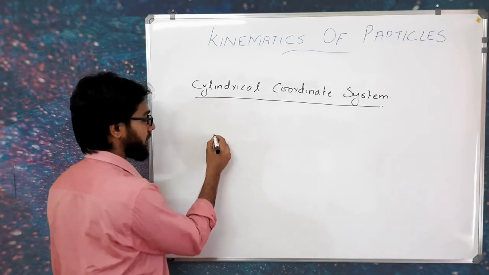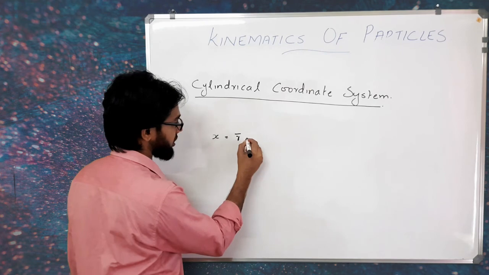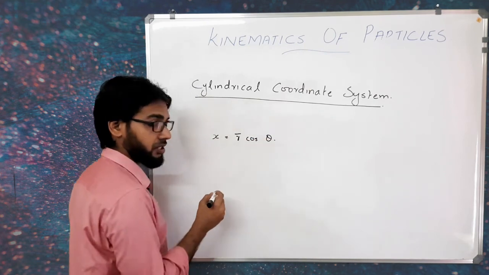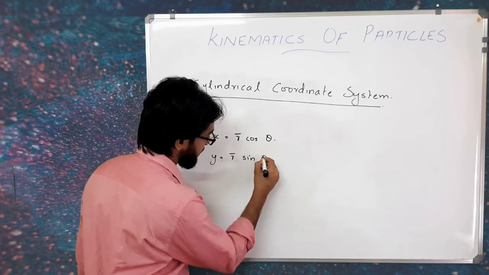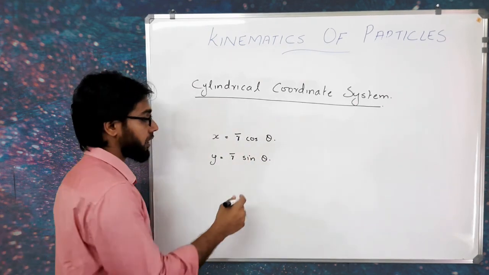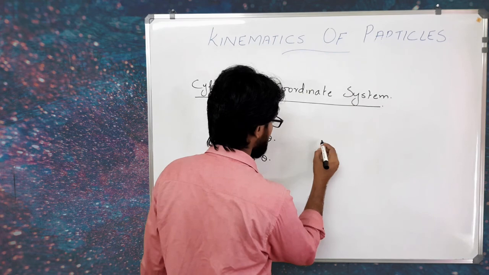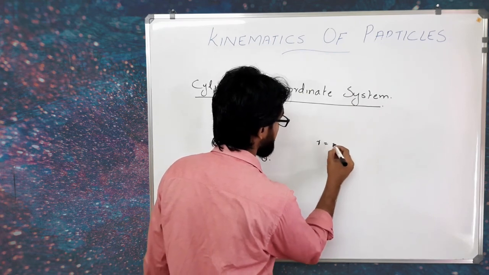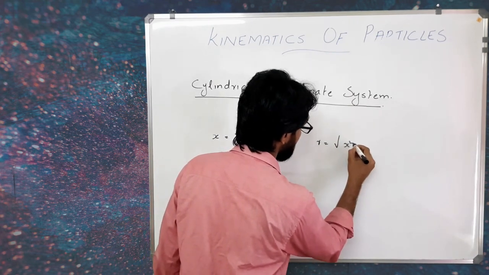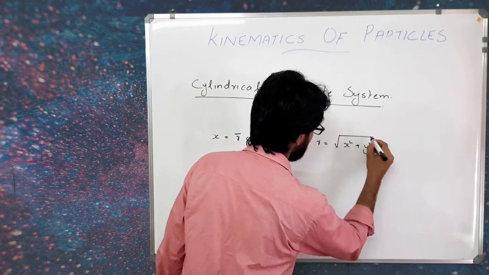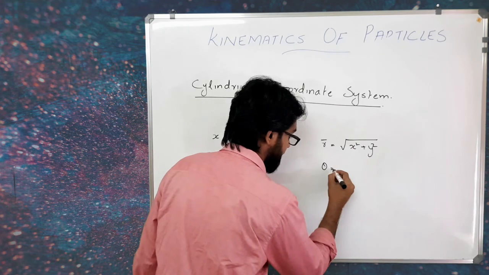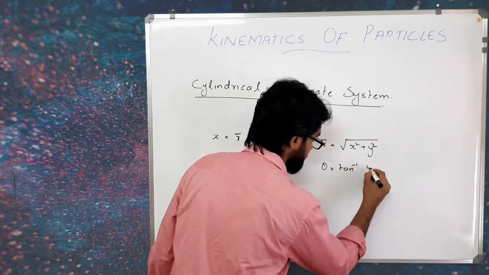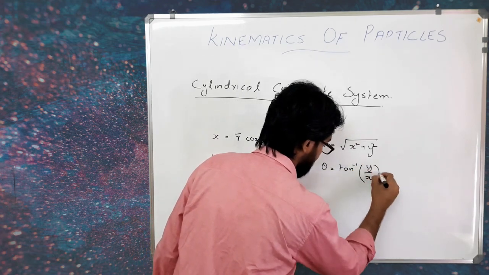So we have here x equals r dash cos theta, y equals r dash sin theta. Now the value of r dash will be equal to root of x square plus y square. Now the corresponding angle theta is tan inverse y by x.